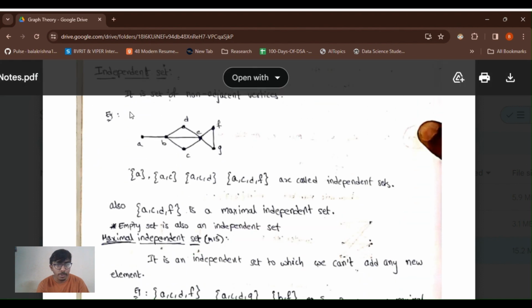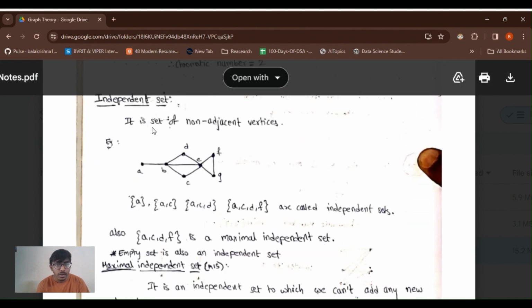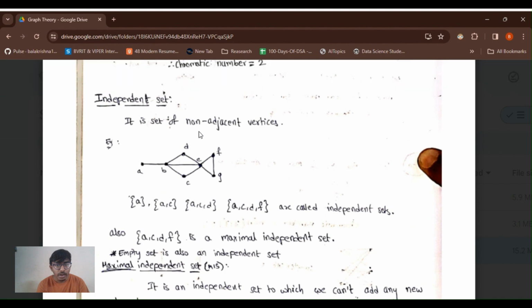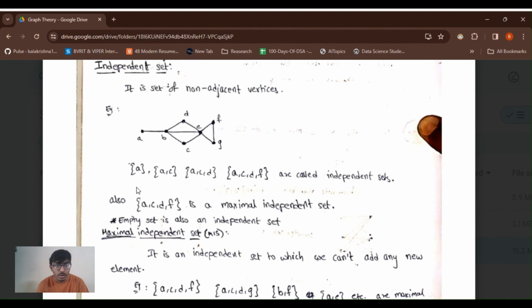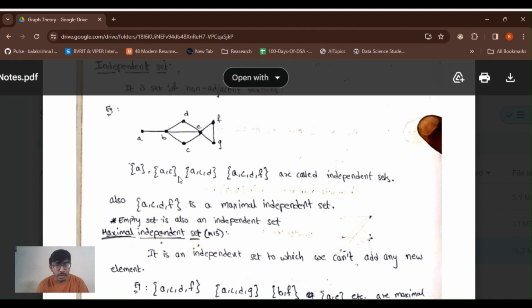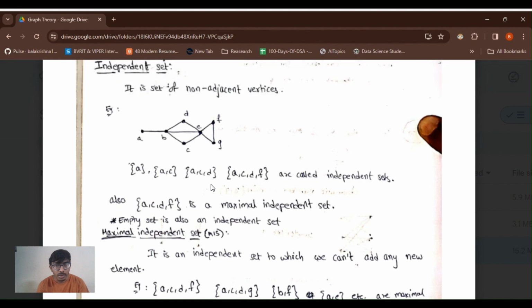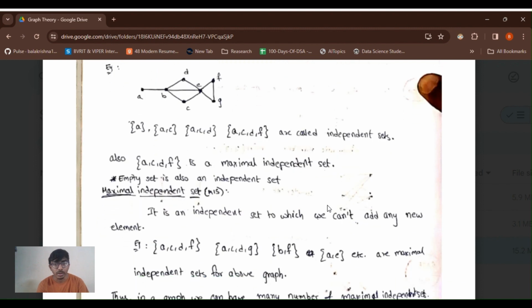Next one, independent set. It is a set of non-adjacent vertices. Here A comma C, A comma C comma D, A C D F are called independent sets because they are not adjacent to each other.